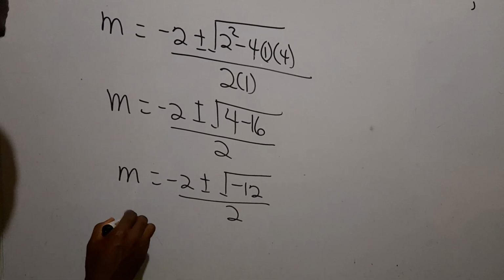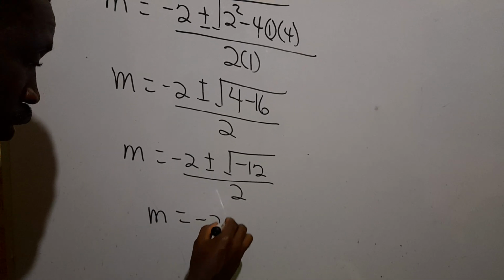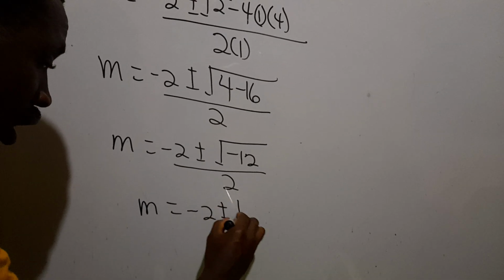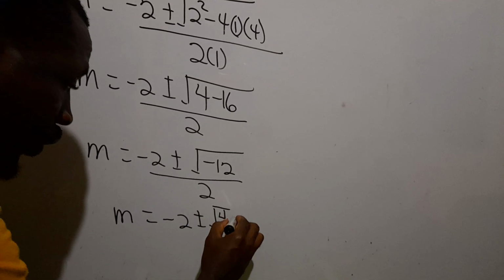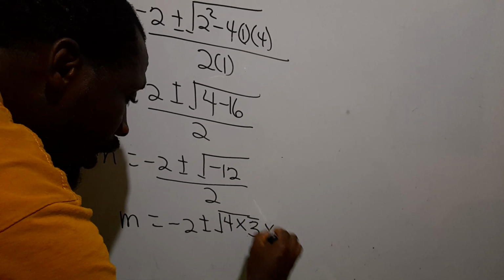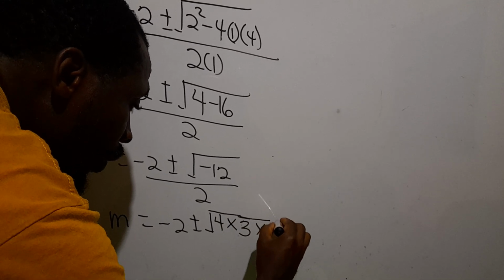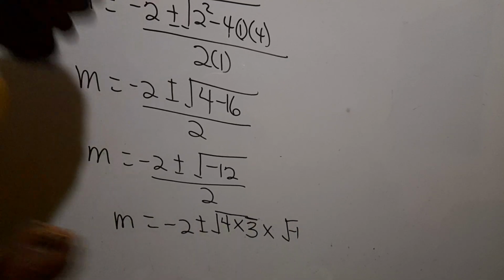So we can rewrite this as m equal to negative 2 plus or minus the square root of 4 times 3, then times the square root of negative 1.